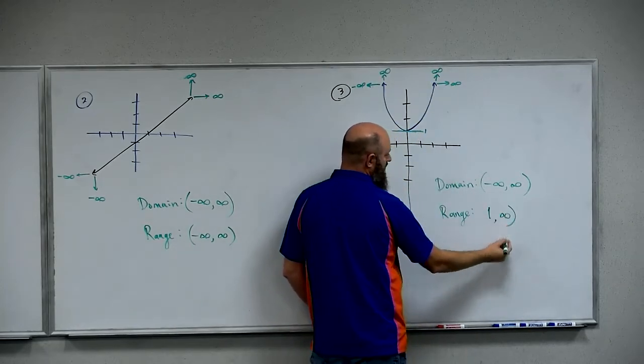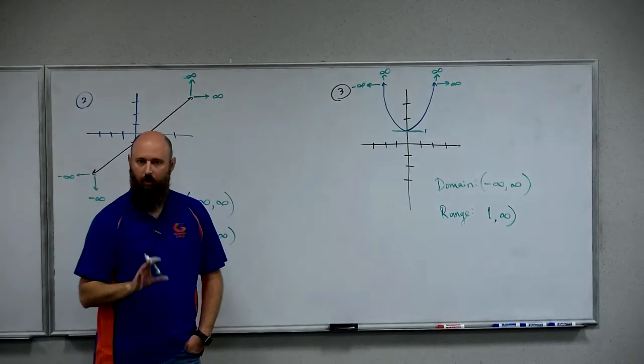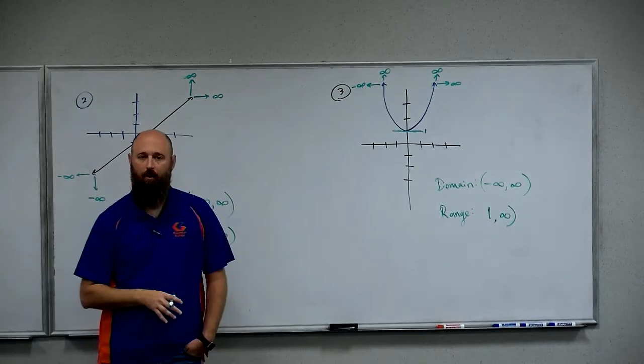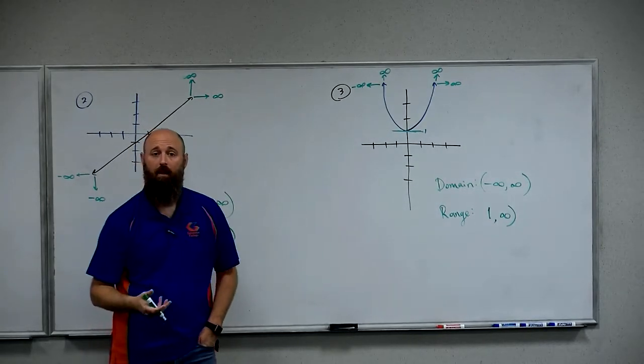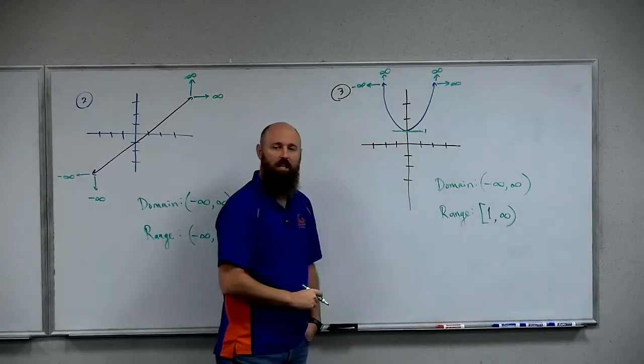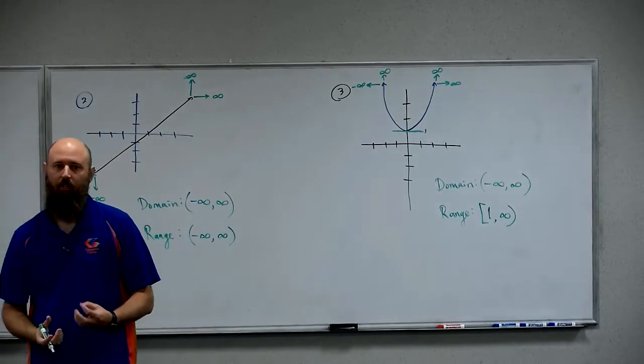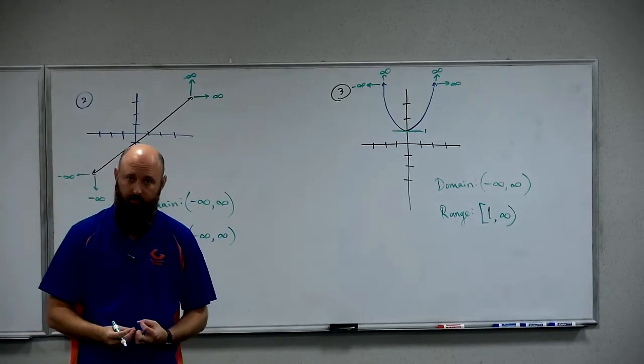Now the infinity gets a parenthesis. For now, any number we go through is going to get a bracket. Bracket means we equal that number. So we notice my line touches the 1 on the graph. That's equal to it, okay.